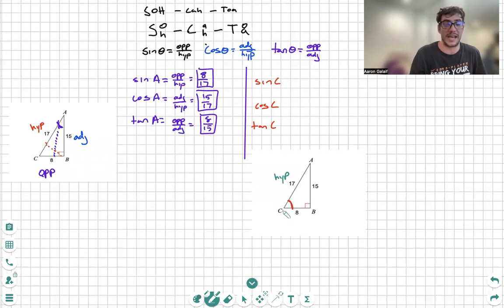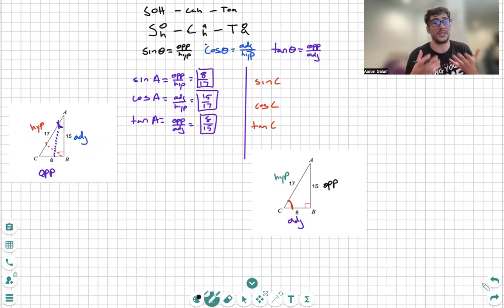Well, C is next to the hypotenuse and 8. That must mean CB, the 8, is my adjacent. It's next to. And thus, by process of elimination, my 15 must be my opposite. Again, across, not touching that side, must be my opposite side. The one side I'm not touching is the side that I'm opposite from, because I'm touching two sides no matter what in an angle within a triangle.